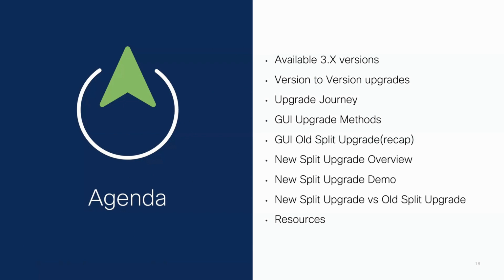We're going to concentrate more on the GUI upgrade method in this webinar rather than covering all the upgrade methods available. Because we are talking about a new split upgrade method, I'll recap the old split upgrade method, give you an overview of it, and do a demonstration as well. Then we're going to go through the new split upgrade demonstration and the advantages of the new split upgrade over the old split upgrade.